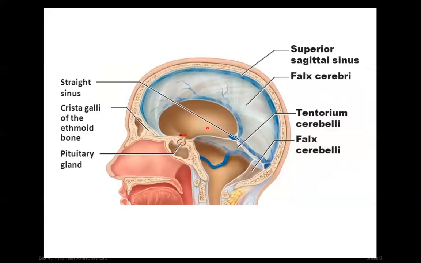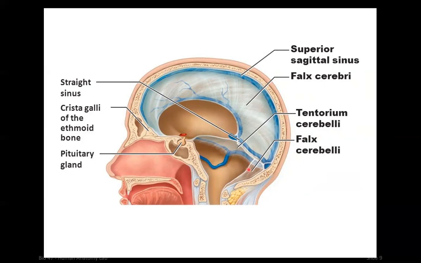So this is another view of the dural sinuses and the dural folds. There are 3 dural folds that you need to be able to name and 1 dural sinus that you need to be able to name. The 3 folds are the ones that I was just talking about, the falx cerebri, and here all of that neural tissue has been removed, and you can see just the dura mater folding down to make the falx cerebri along the sagittal plane, separating the two hemispheres of the brain.